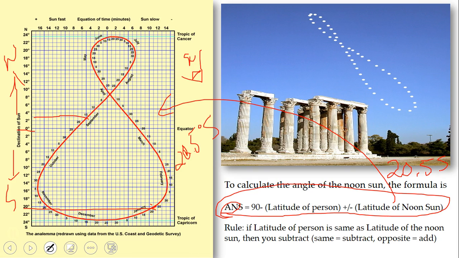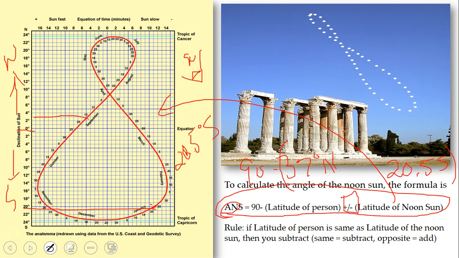Here's the thing. Today, of course, I am in Springfield, Missouri, so 37 degrees north. 90 minus, and then in parentheses. Well, then we've got a big question right there. How do we know to add or subtract?